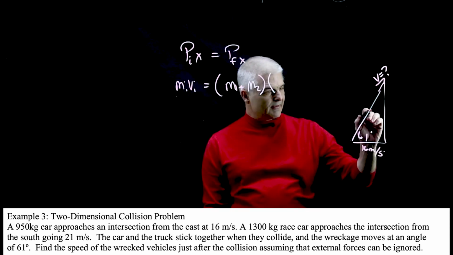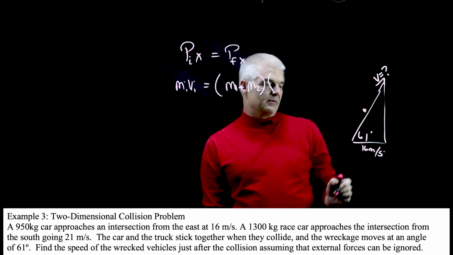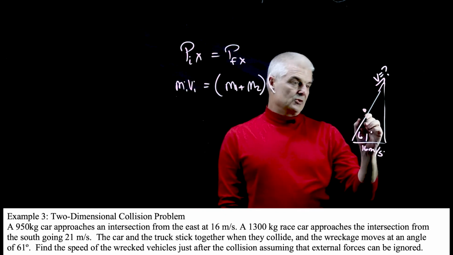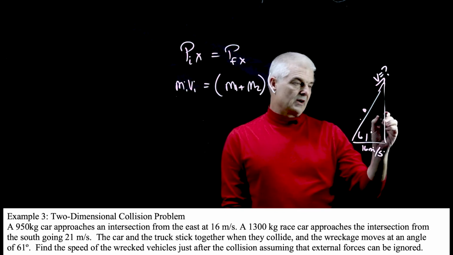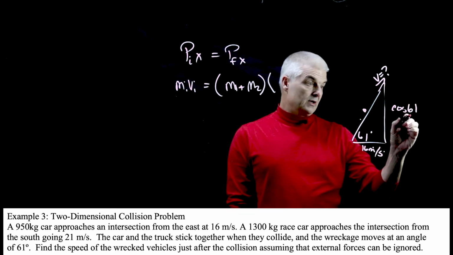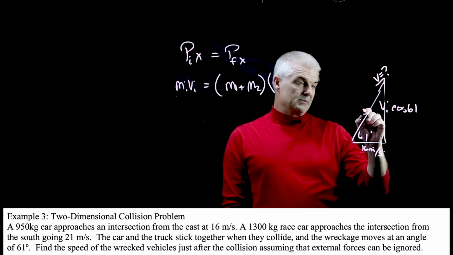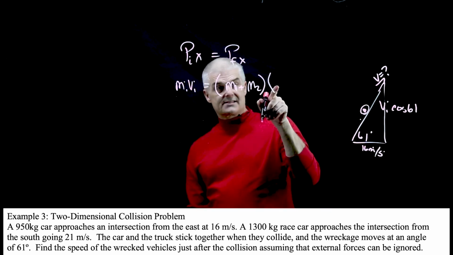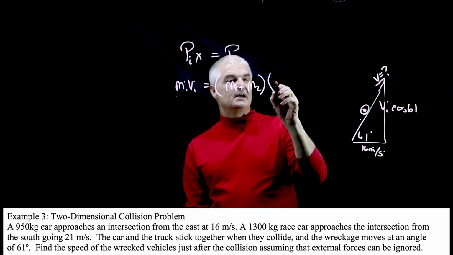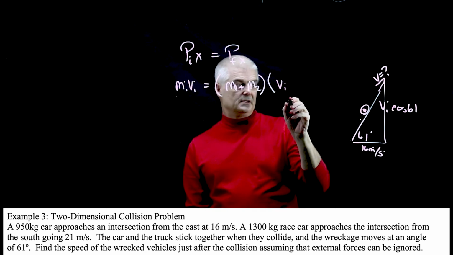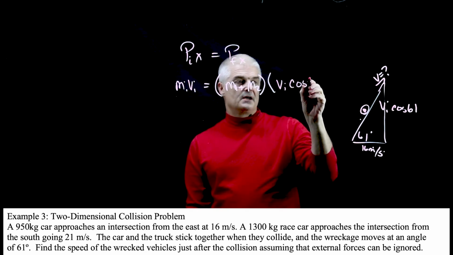So what I want to do is find out what this number is, but using cosine, this is adjacent over hypotenuse, cos of 61 times v initial is going to be equal to this number. That's the v here. So I can say v initial times cos of 61.